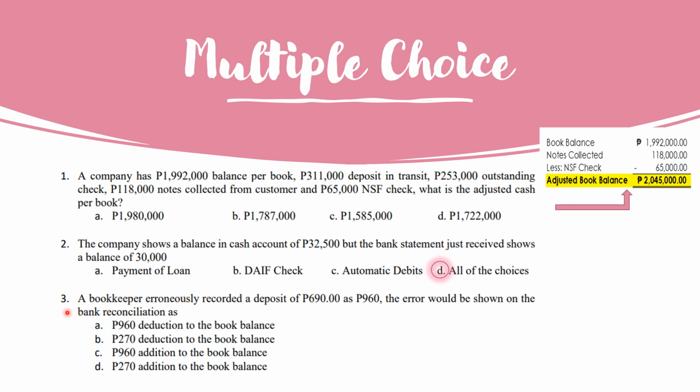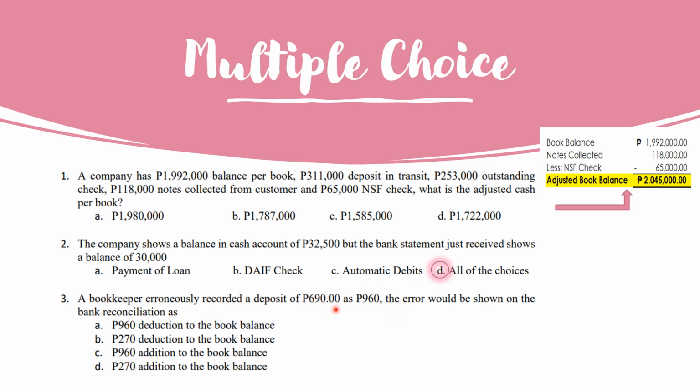Right, number 3. A bookkeeper erroneously recorded a deposit of 690 as 960. The error would be shown on the bank recon as. So, sa libro nyo, yung bookkeeper nyo, ni-record niya yung deposit as 960. Diba?